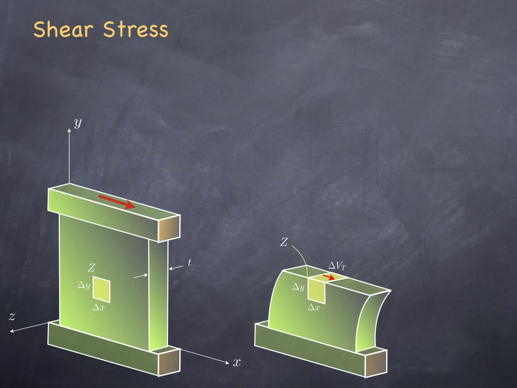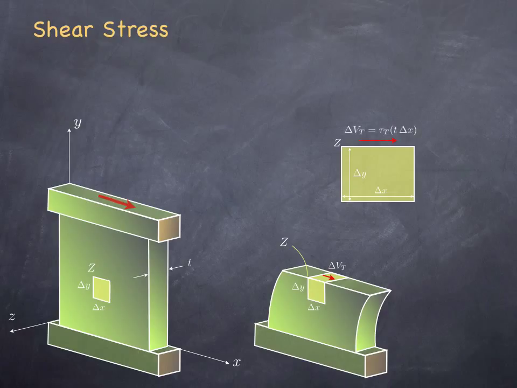So this is a front view of the same segment I've isolated and pulled out. The top left corner, Z, is there, and my dimensions delta X and delta Y are shown. Remember that the force being transmitted at the top side of this little segment was delta VT, and if I'm assuming that this segment is small enough, then I can define this resultant to be just the shear stress that is being transmitted there times the area of this little surface, which is simply equal to T times delta X.